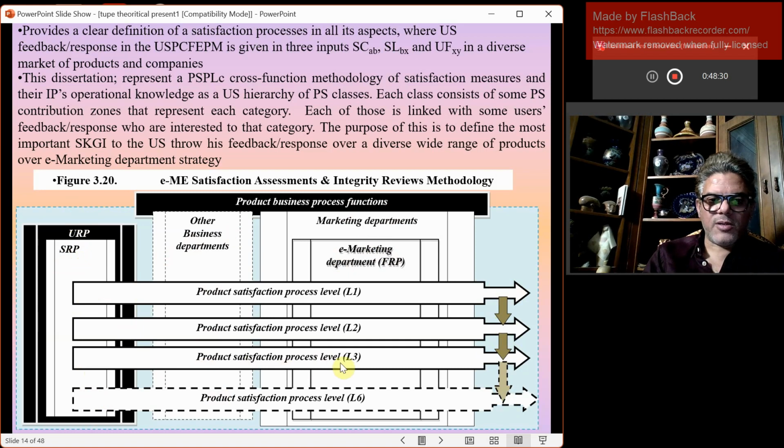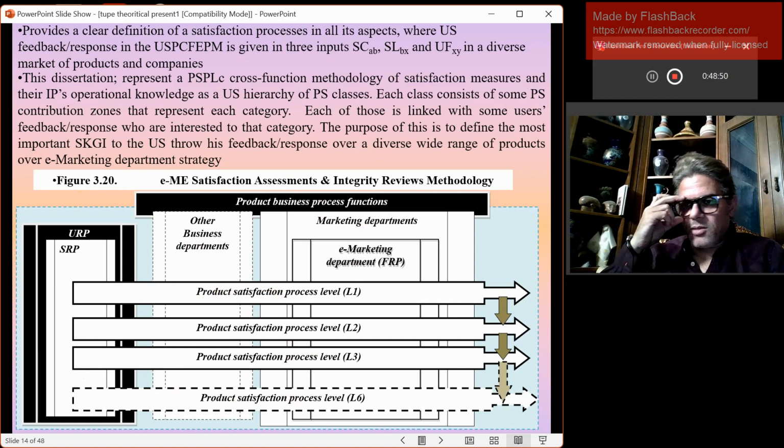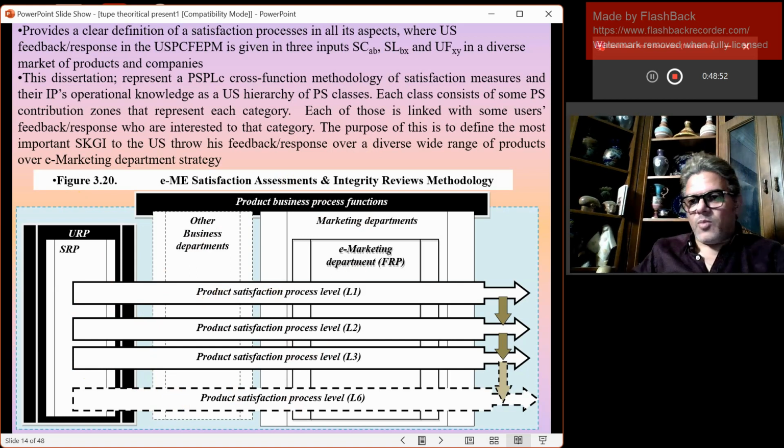product satisfaction level. So this is like me talking in Arabic, and this is someone talking in Japanese, and this is the translator between the two of us. But this is a translator that contains product satisfaction levels.